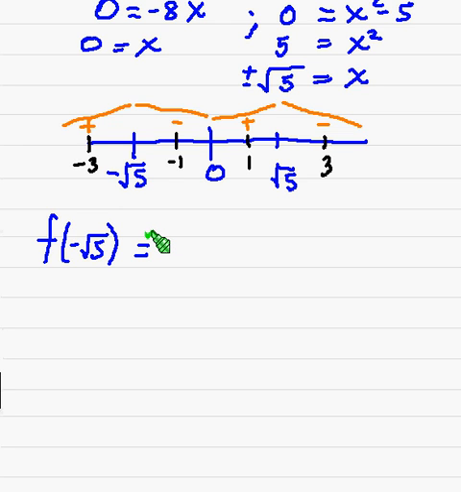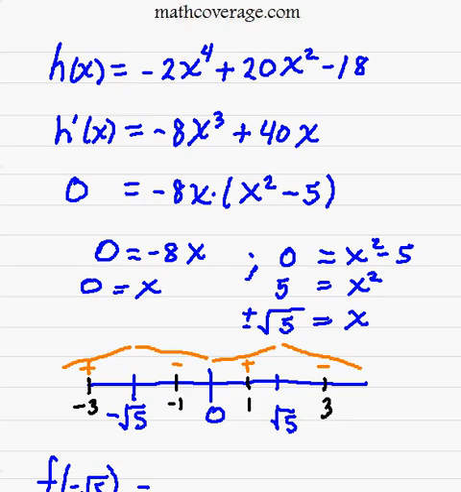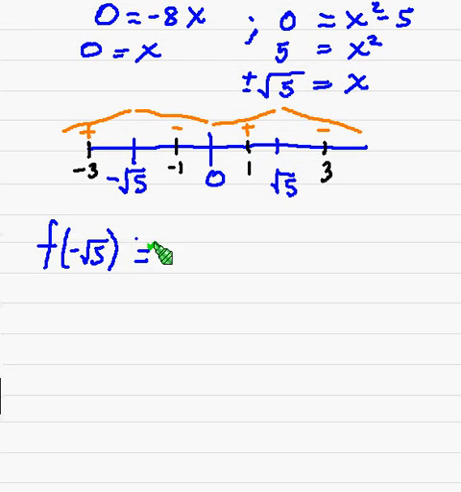So we had negative 2 times negative square root of 5 to the 4th plus 20 times negative square root of 5 squared minus 18.